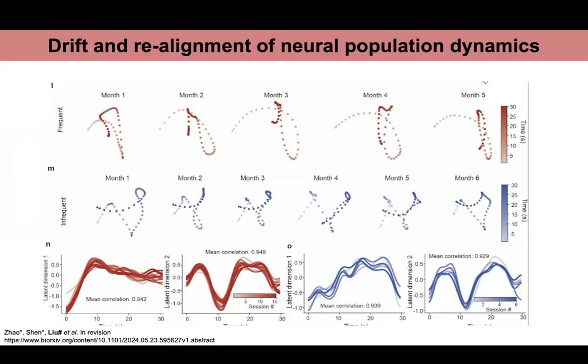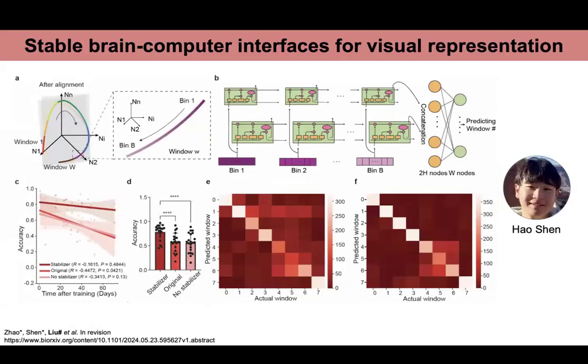For example, if the manifold starts with a donut-shaped structure, this donut-shaped structure will rotate, translate, and stretch in this high-dimensional neural space, but it is always going to be a donut-like structure. After we know this is an affine transformation, things become easier. We can design another neural network to compensate for this affine transformation, and then we can get stable visual information decoding.